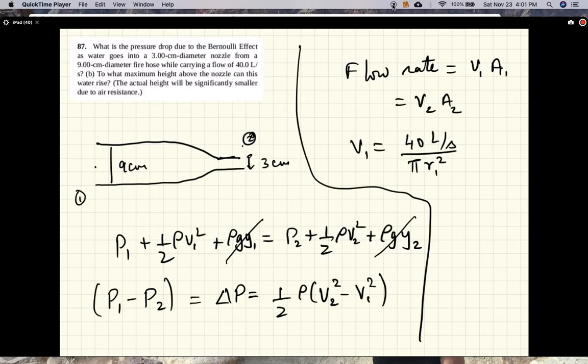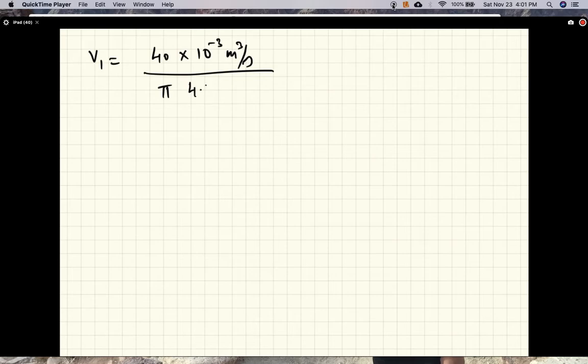So V1 is 40 liters per second, and a liter is 10 to the minus 3 meter cubed, divided by pi r1 squared. R1, the radius, is 4.5 centimeters, so 4.5 times 10 to the minus 2 meters, squared. The meters squared cancel, leaving meters per second.